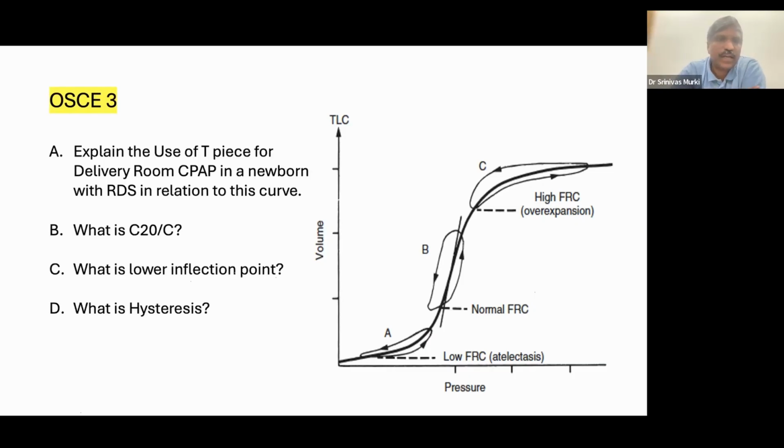So now the questions are, explain how delivery room CPAP helps in a newborn with RDS based on this curve. Remember, you have to relate that to this curve. And what is C20 by C? What is the lower inflection point and what is hysteresis?